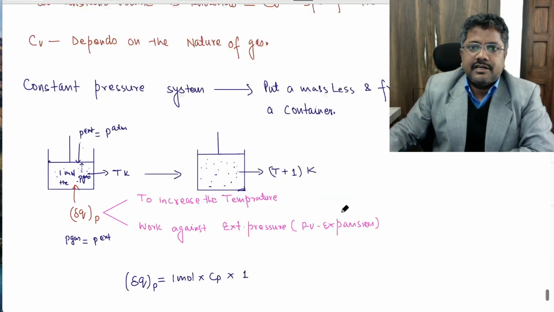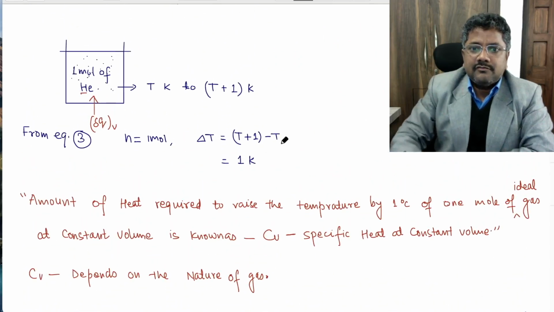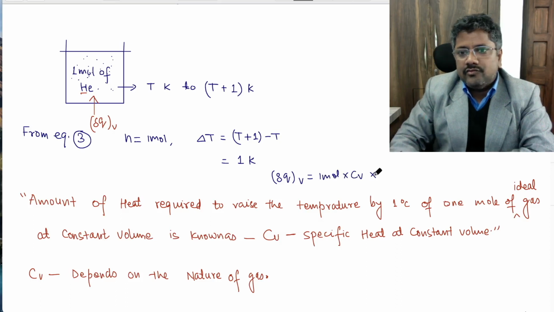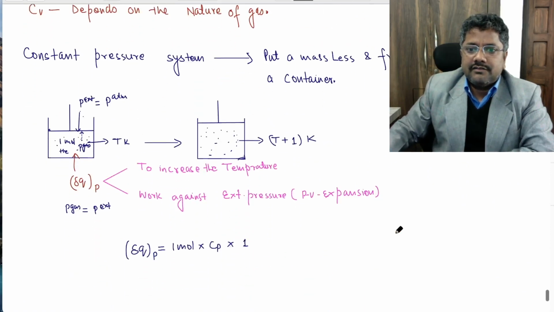So this is equation 1 here. Delta QV is equal to 1 mole into Cv into delta T, where delta T is 1. So this is equation 2.